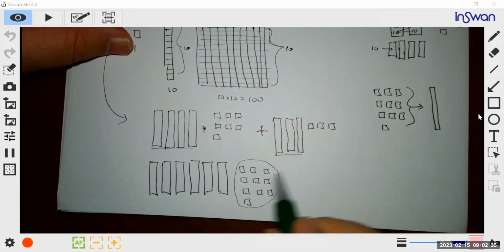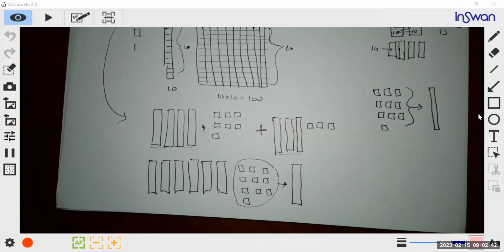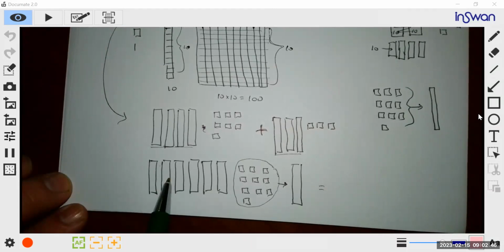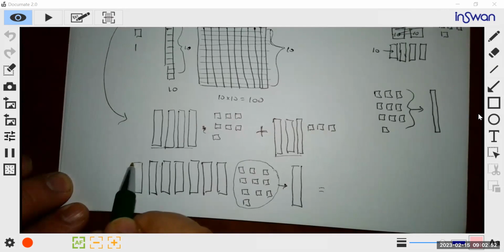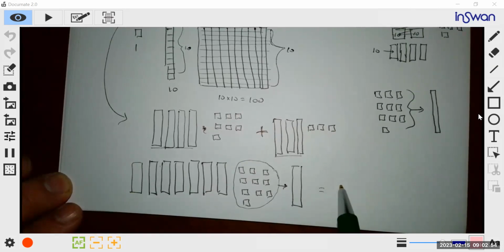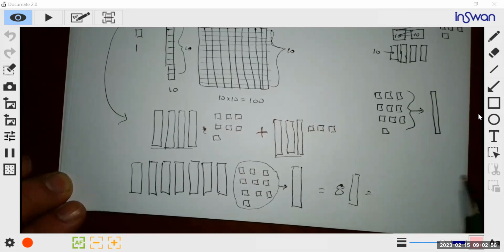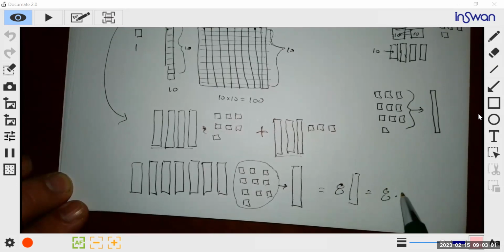So this one becomes a bar. How many bars do we have? 1, 2, 3, 4, 5, 6. We should have 7 here. And that one makes it 8 bars. How many are in a bar? 10. So 8 times 10 is 80.